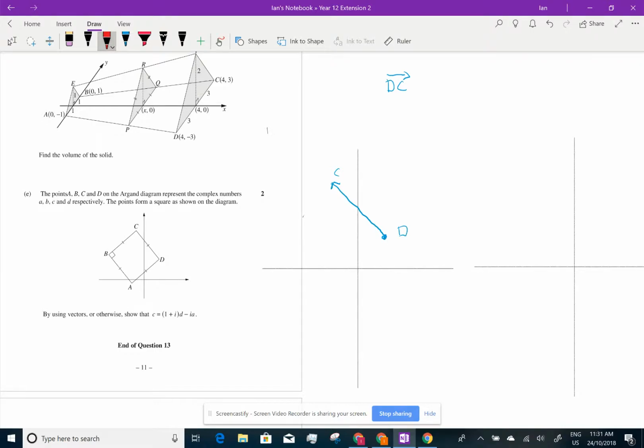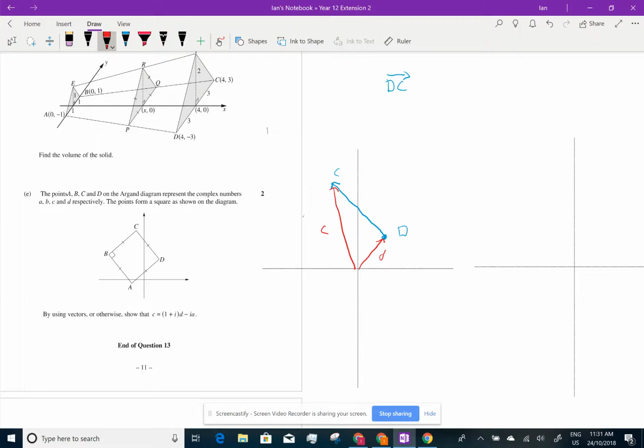Well, I already know that that is D. And I know that is C. That's what they told me. They're the complex numbers. Now, I want the vector DC.